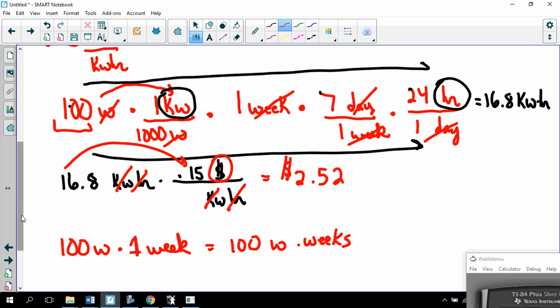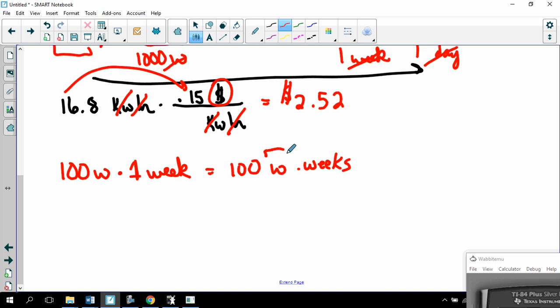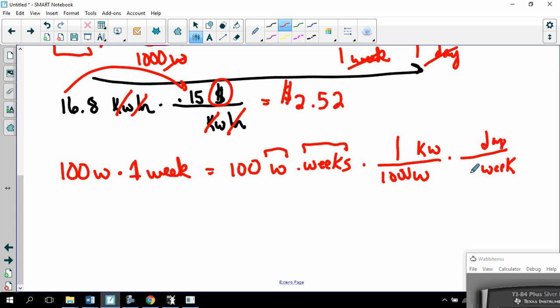And then we had to change it to kilowatt hours. So if you get rid of the watts and get in your kilowatts, and you get rid of your weeks, and then you throw in the days, in 1 week there's 7 days, but then you get rid of the days and you bring back the weeks. Oops, I already got rid of weeks.